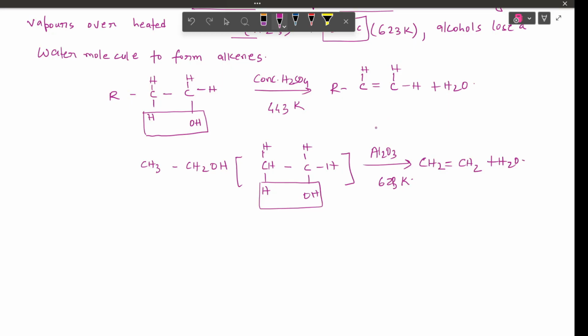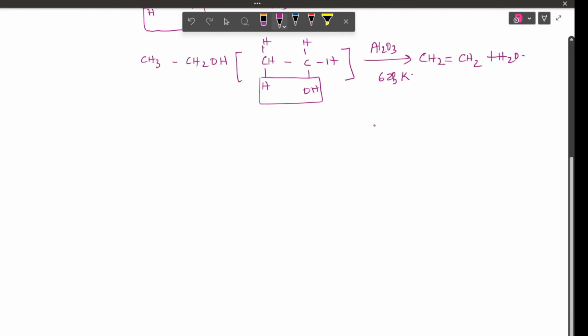Now see, in case of dehydration, that is removing a water molecule, in presence of concentrated H2SO4, the alcohol first reacts with sulfuric acid to form the alkyl hydrogen sulfate, which upon heating loses a molecule of H2SO4 to form alkene. Okay. So let us see this.